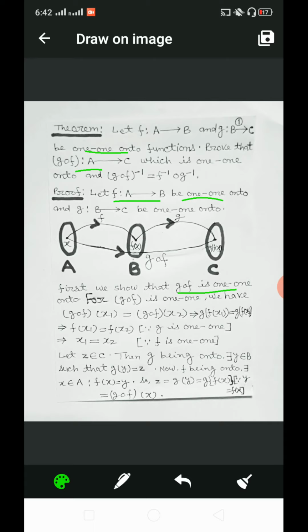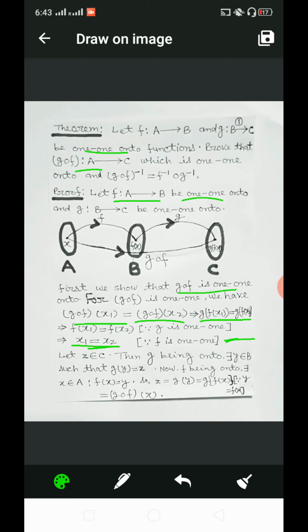We have g of f of x1 is equal to g of f of x2, and this implies that g of f(x1) is equal to g of f(x2), and we can write f(x1) equal to f(x2). Why? Since g is one-one, it is already given. And we can write x1 is equal to x2 since f is one-one, it is already given.